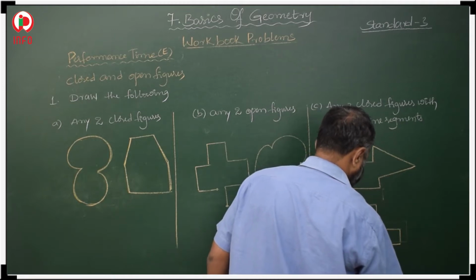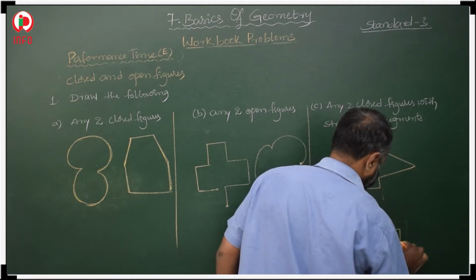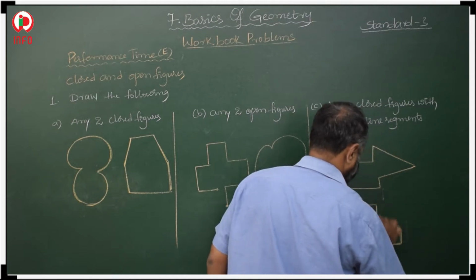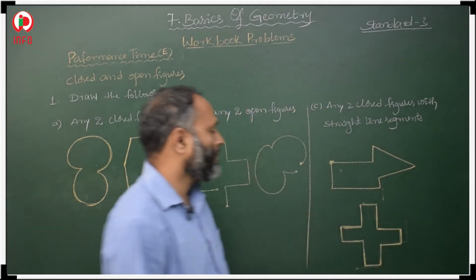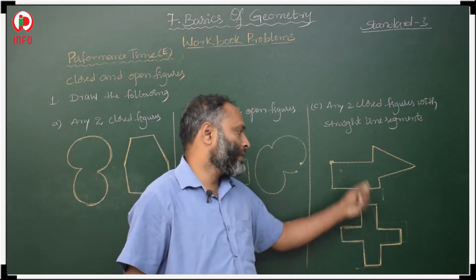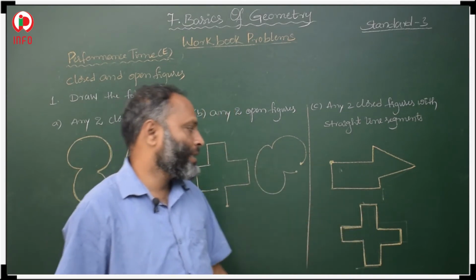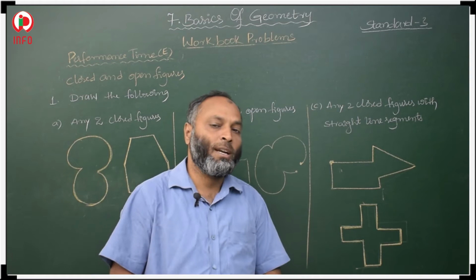This is a closed figure, okay. This is a closed figure. Using straight lines we draw closed figures. So like this you can draw many closed figures using straight lines, okay.